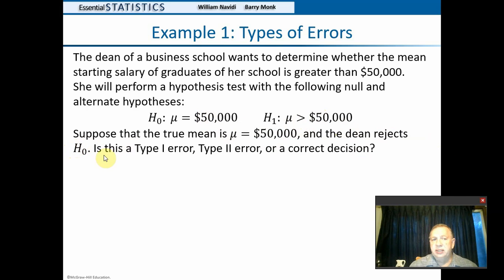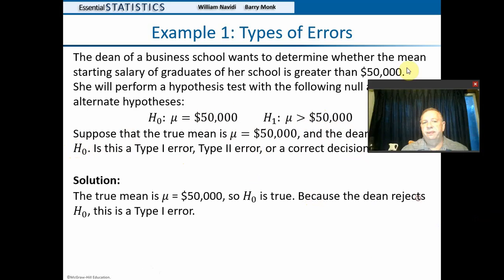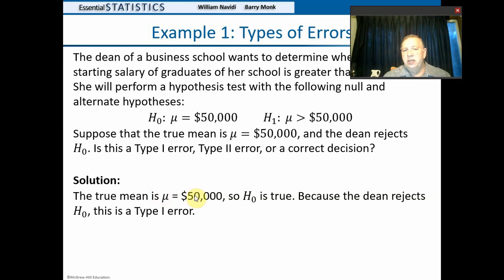So she rejected it, but later on we found it was 50,000. Is this a type 1, a type 2, or correct? It was a rejection when it was true. The true mean is 50,000, H0 is true, but we rejected it, and that's a type 1 error.